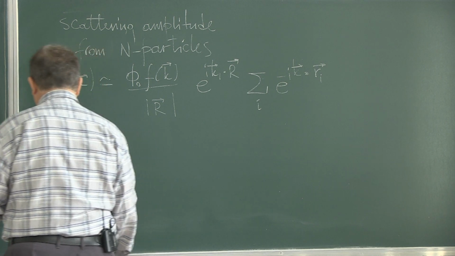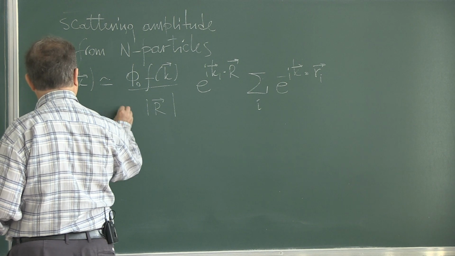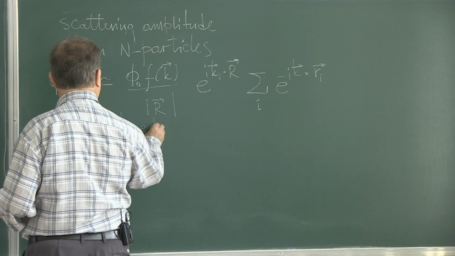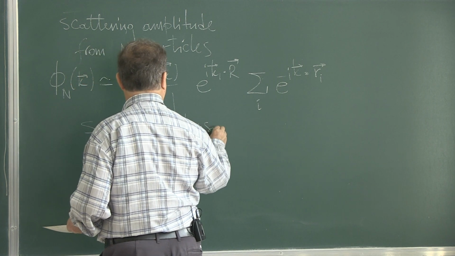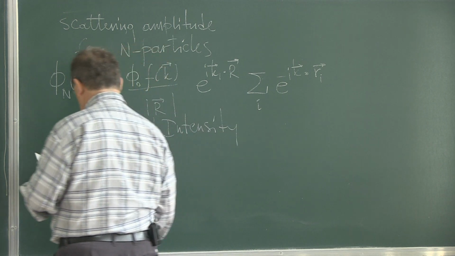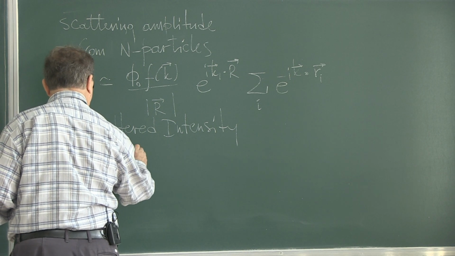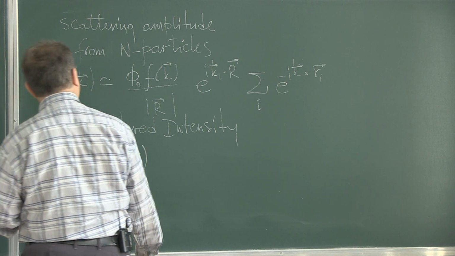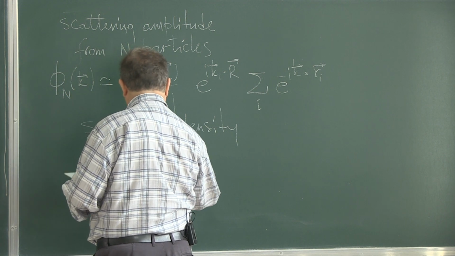Well, the scattered intensity can be written as I of k from an n particle system as the square of this amplitude.